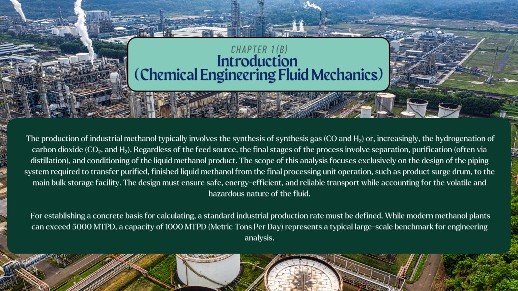This design focuses on the piping system for safe, efficient, and reliable transport of the volatile fluid. For analysis, a standard plant capacity of 1000 MTPD is used as a typical large-scale benchmark.